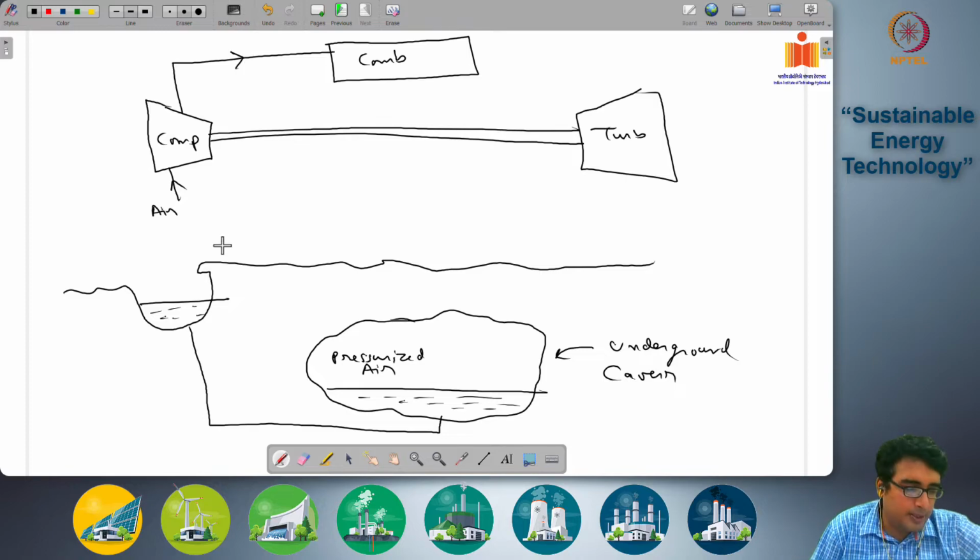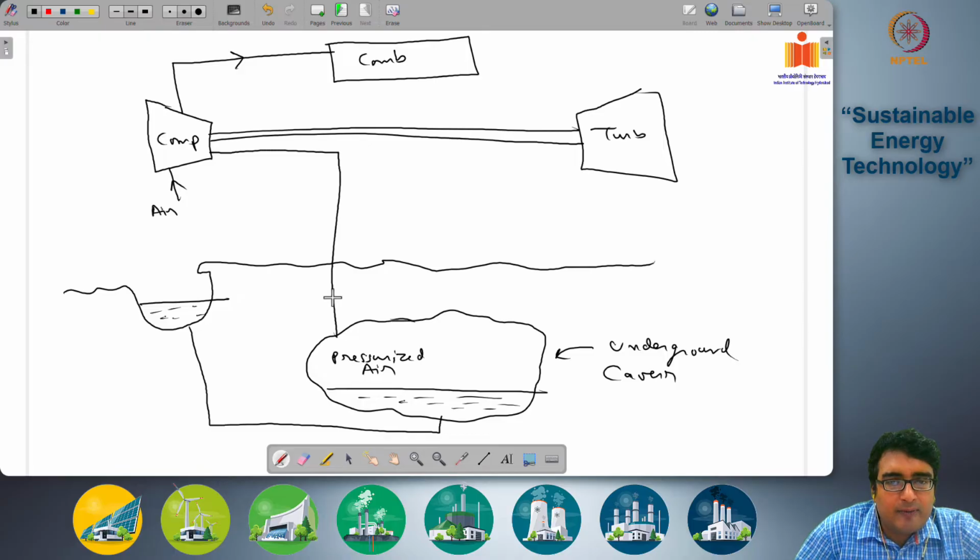and going into the combustion chamber. In periods of low demand, we are rerouting part of this air and putting it into the underground cavern system. Okay. So air is being compressed, and part of this compressed air is being rerouted into the underground cavern system where it is stored under pressurized condition.